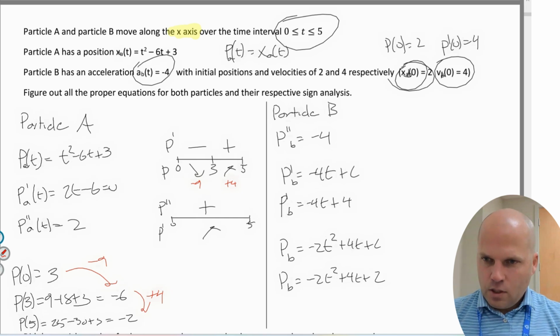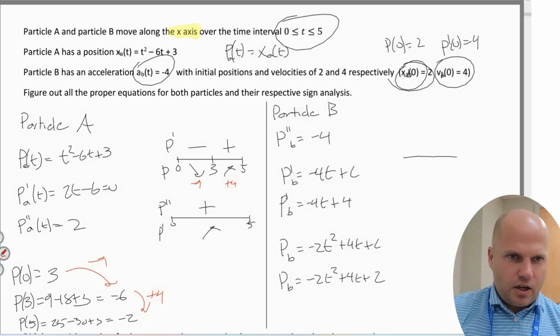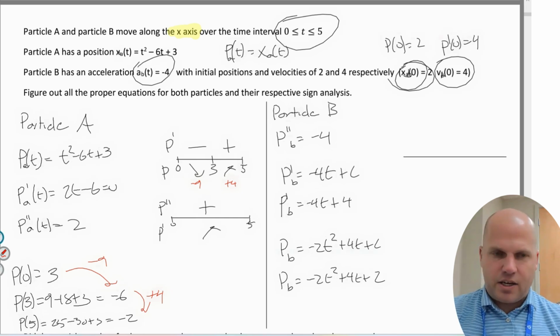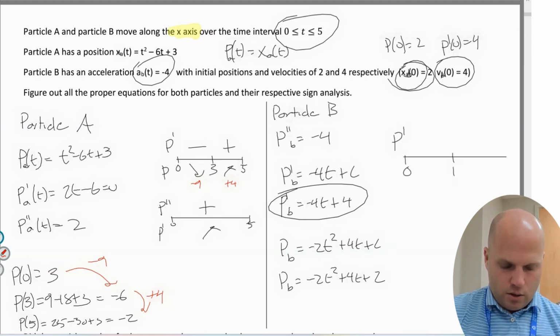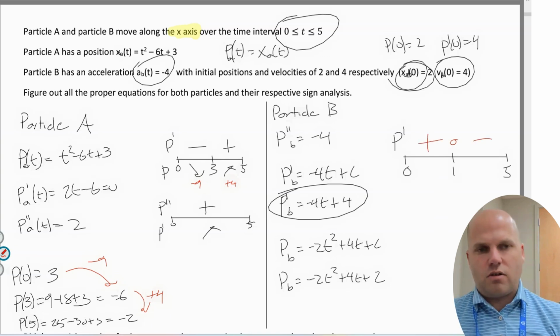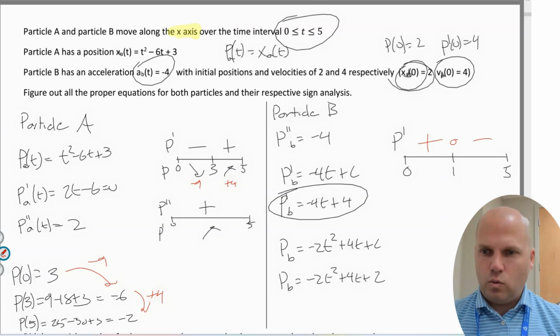Great. I need a sign analysis of my velocity and my acceleration. I need a first derivative sign analysis. My first derivative sign analysis is focused on 1. We're going from 0 to 5. If I plugged in 3, I get negatives. If I plugged in 0 or a half, I'd get positives. We good?